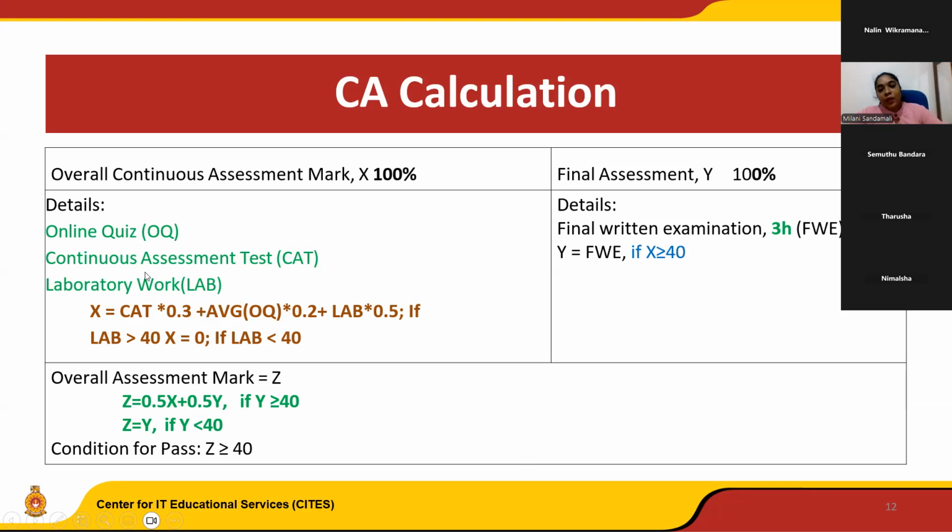If your final marks Y is below 40, then overall marks Z will be equal to Y. This means even if your continuous marks is high, if you fail the final examination, only exam marks will be considered.